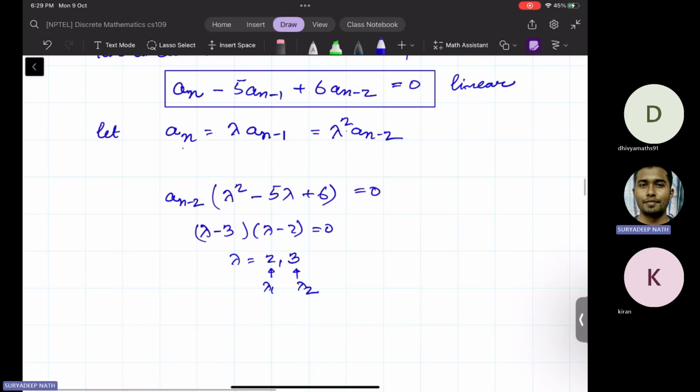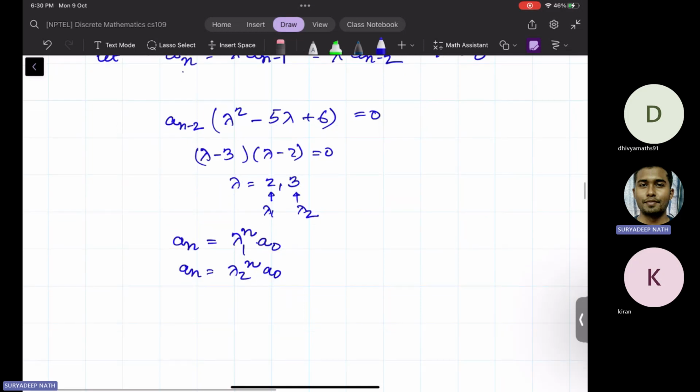By this logic, a_n equals lambda to the power n times some a0. If a_n equals lambda 1 to the power n times some a0, it would satisfy this condition. Also a_n equal to lambda 2 to the power n times some a0 would also satisfy this condition.